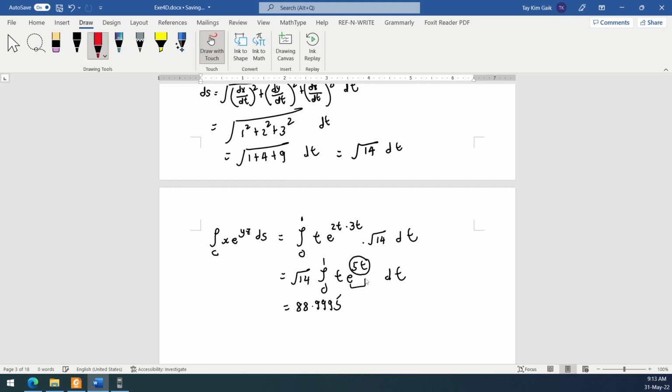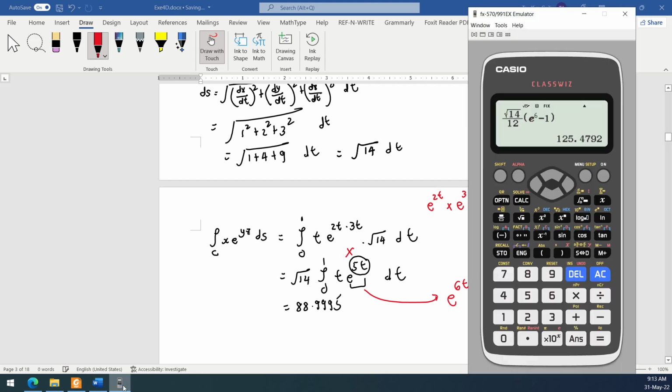That should be the exponent 2 times 3, 6t squared. Unless you have e^(2t) times e^(3t), then the answer is e^(5t), because you add the indices. It's not e^(2t) times e^(3t) here, so this one is wrong. The correct one should be e^(6t squared). So let's check.